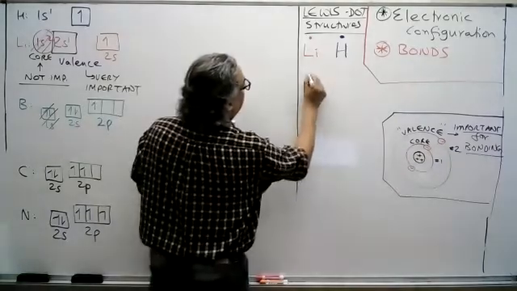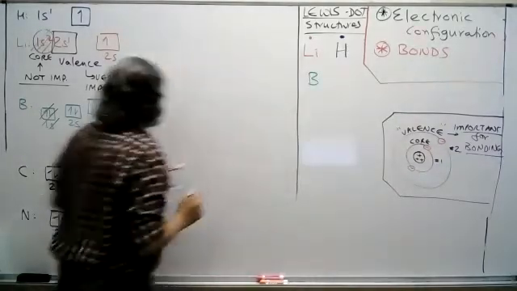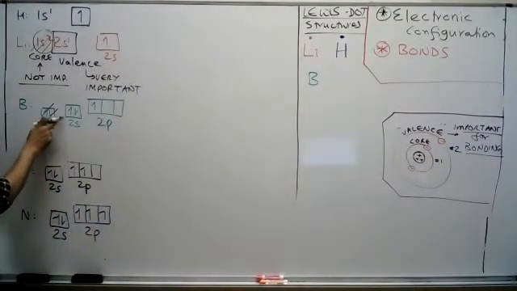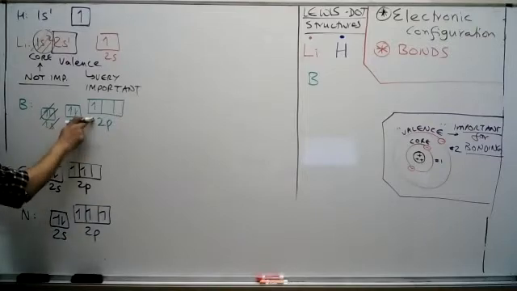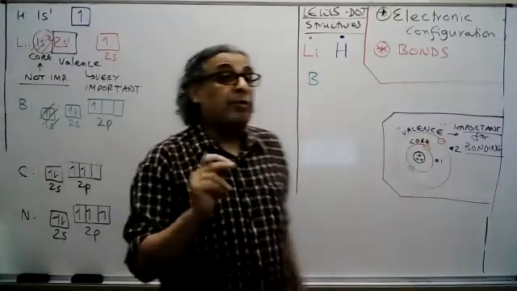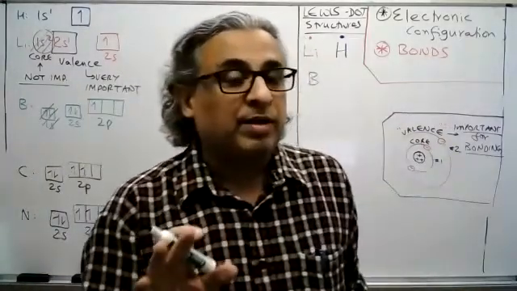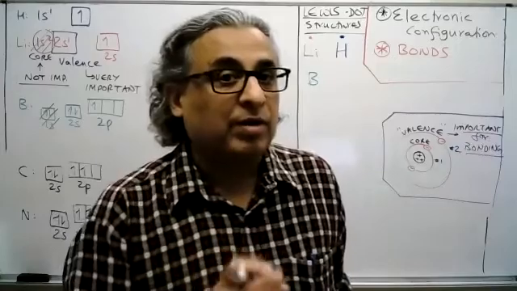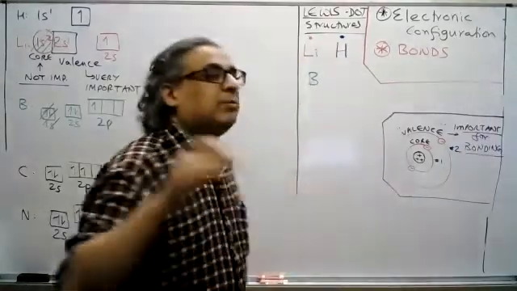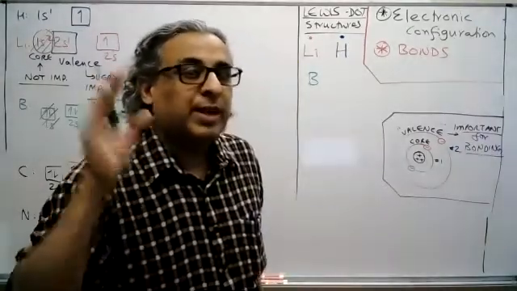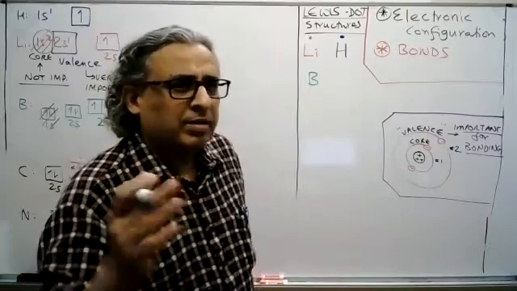Boron. Okay. Boron has 2 electrons in one orbital and 1 electron in another orbital. I know that many of you have already read the book or learned it already in the past. So, but just hold on, don't get too agitated that I'm dumbing things down.